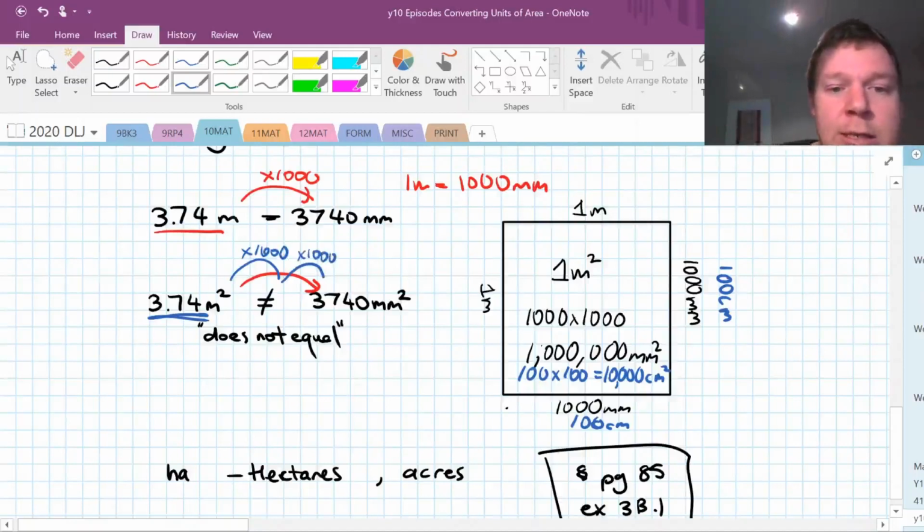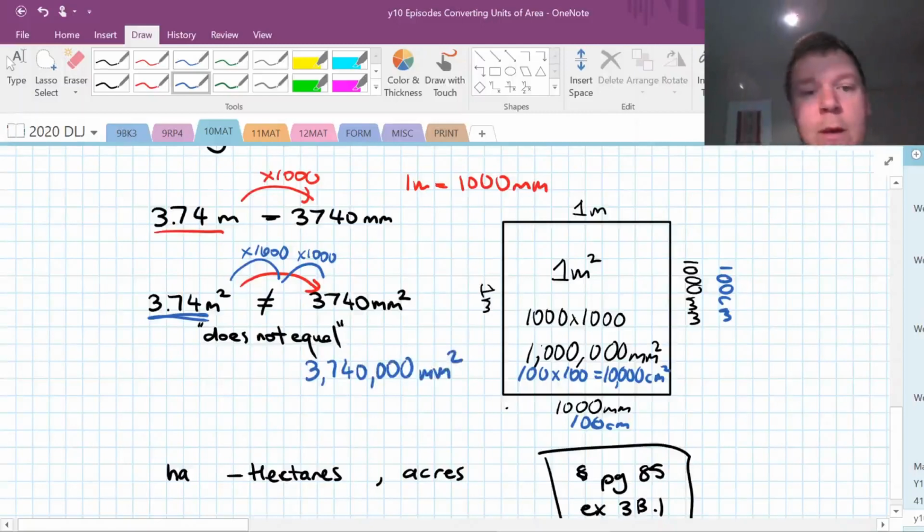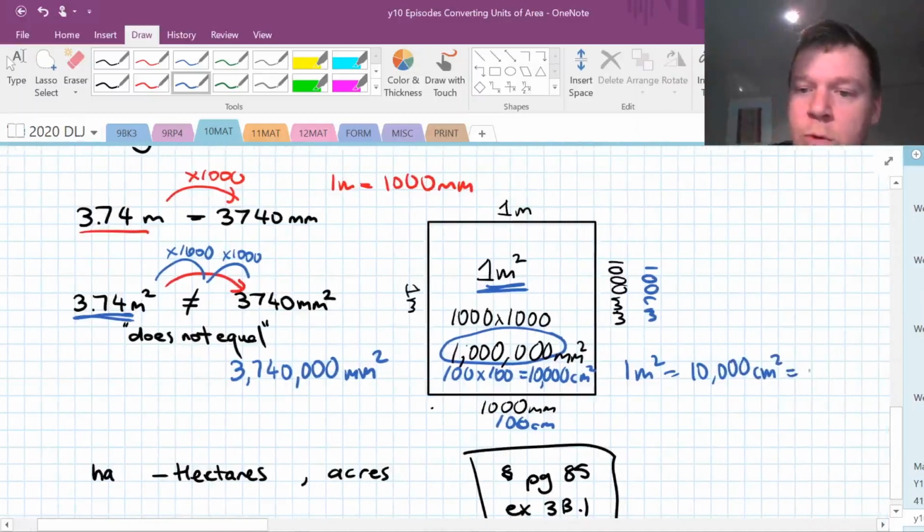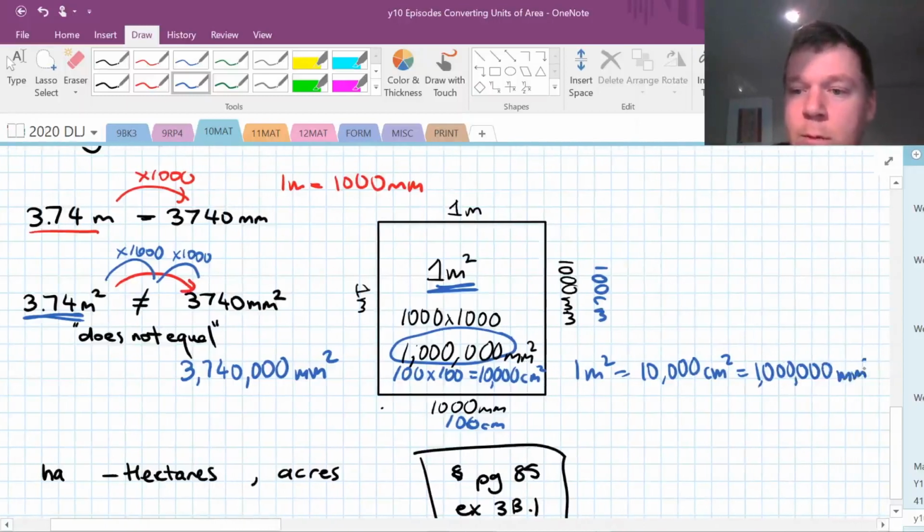So your actual answer is 3,740,000 millimeters squared, because we took this million millimeters squared per meter squared. 1 meter squared equals 10,000 centimeters squared, and also it's 1 million millimeters squared, right?